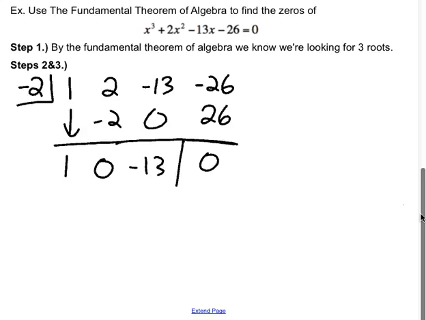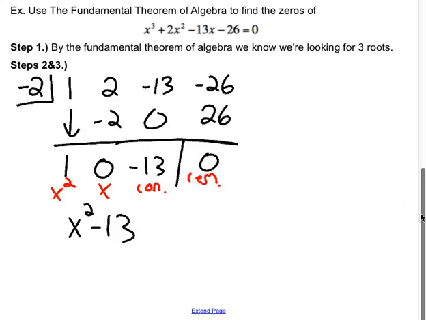I knew I should get that 0 as my remainder because I knew going in that this was already an x-intercept. This was already a solution. And now I say this is my constant. Here's my x. Here's my x squared. So the polynomial I have left, I have an x squared, no x's, and a -13.